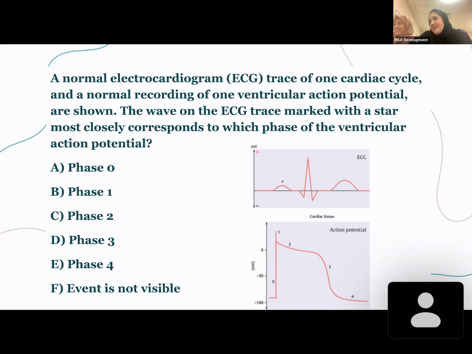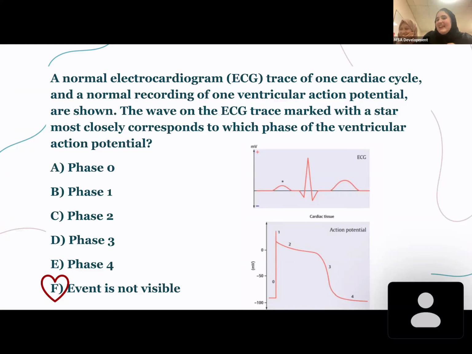Someone said F. I love this question. It is F, because the question itself says that a normal recording of the ventricular action potential is there.